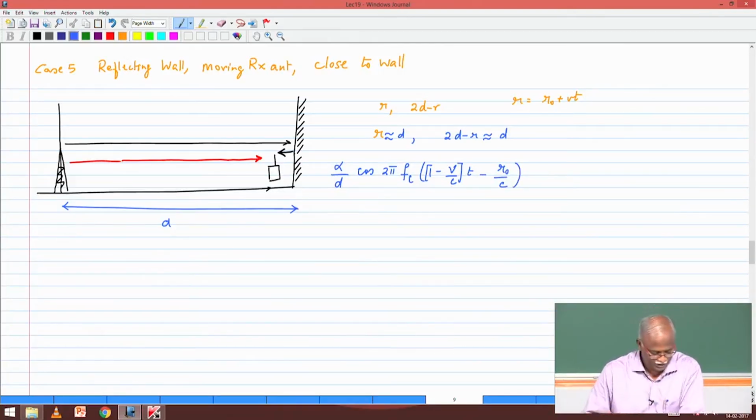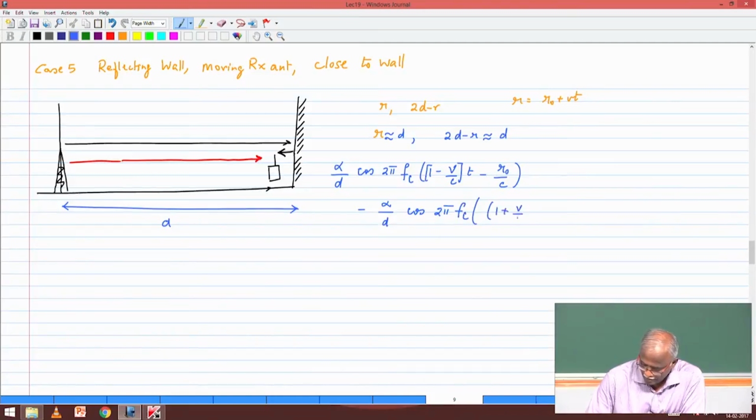This is the negative Doppler shift. The second term comes out to be alpha dash. We are assuming it's a lossless reflection, so therefore the gain is also alpha here, alpha by d, cosine 2 pi fc 1 plus v by c into t plus r naught minus 2d divided by c.